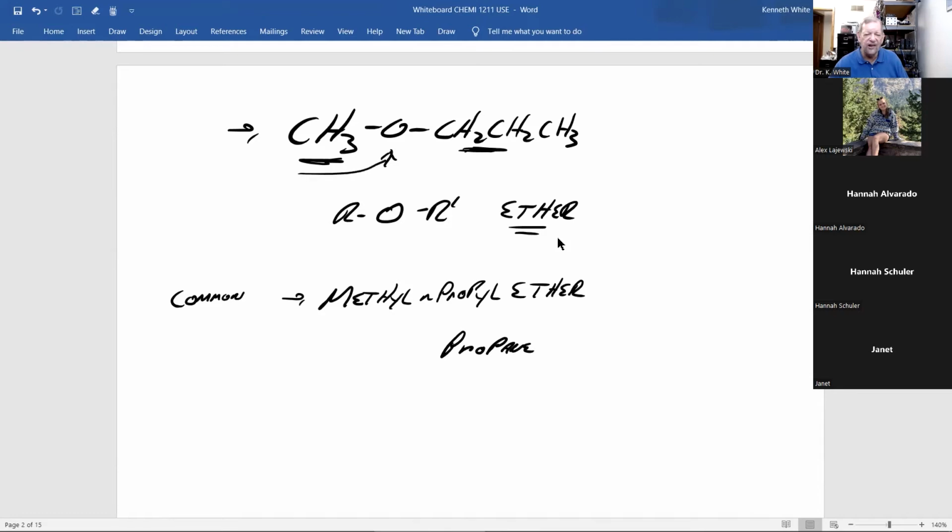And you count this as a substituent. And this RO bond to something is called an alkoxy group. This one is called methoxy.